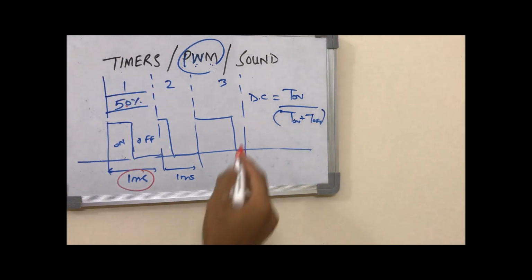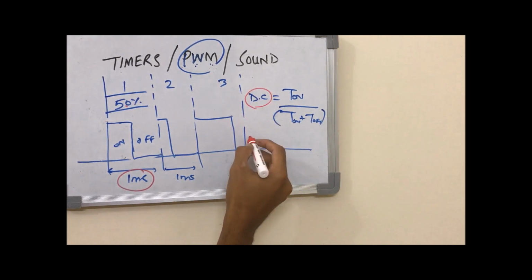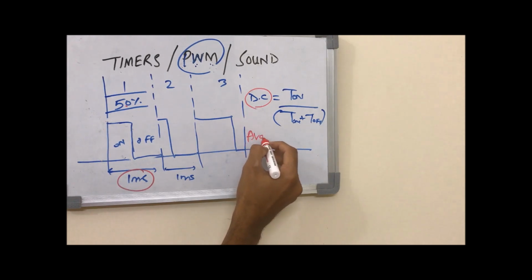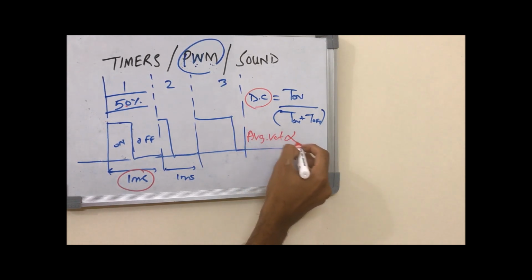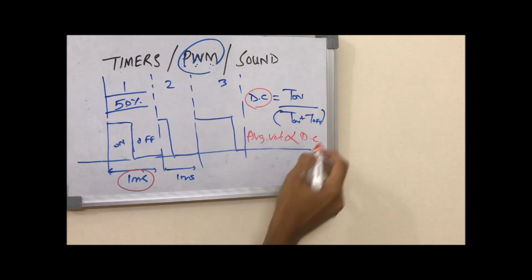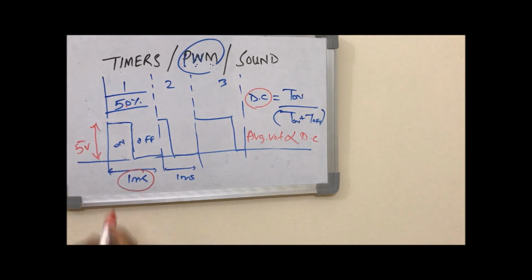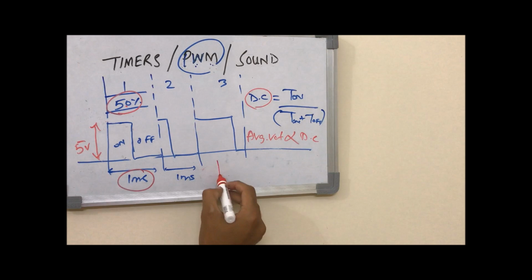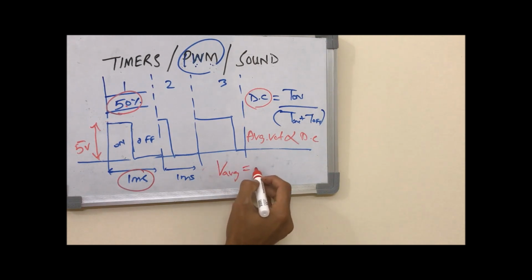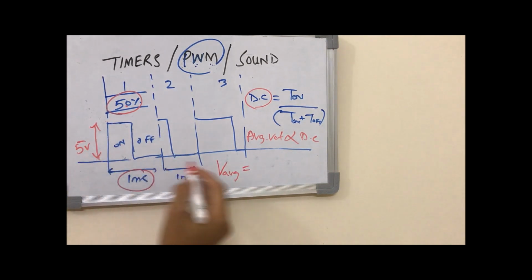And by varying the duty cycle, you can actually control the average voltage, which is directly proportional to the duty cycle. So for example, if this maximum voltage is 5 volts and you are using 50% duty cycle, the average voltage will be duty cycle times the maximum value.